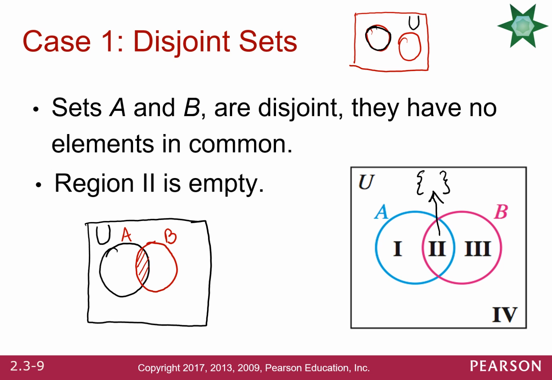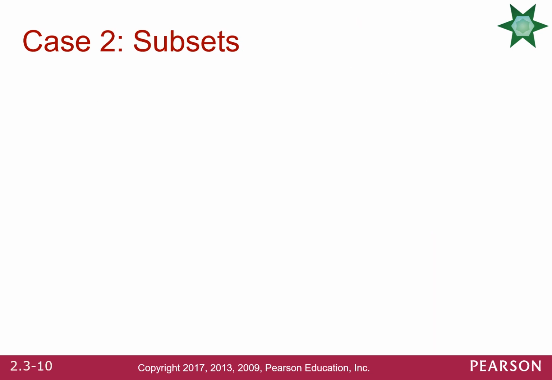All right. Now let's look at case 2, which is on subsets. How do we represent subsets in the general form of a Venn diagram with two overlapping circles, right? So when we talked about subsets, what does subset mean? Subset means that set A, one set, would have all its elements existing in another set, right?